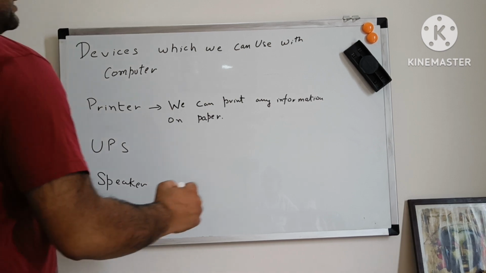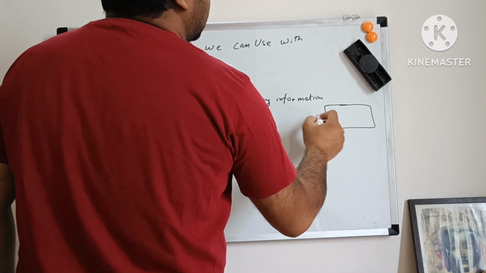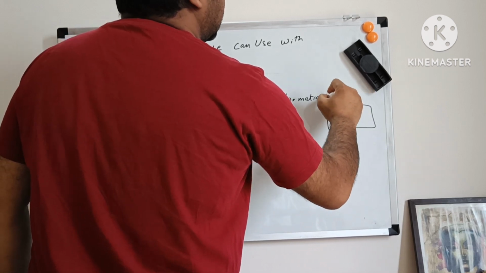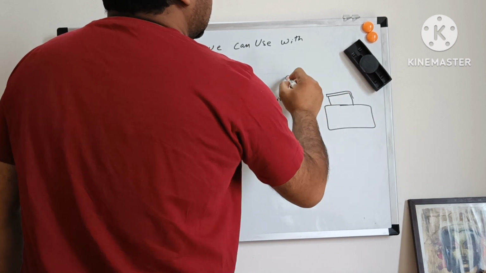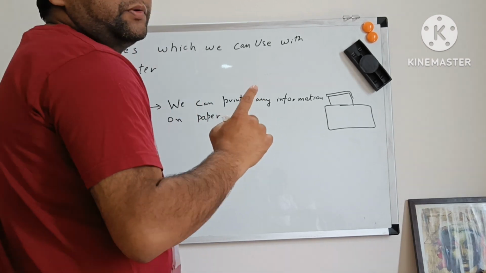So a printer is a device which can be attached next to the computer, right? Suppose this is a printer. We can put some papers here, and suppose we give a print command from our computer.